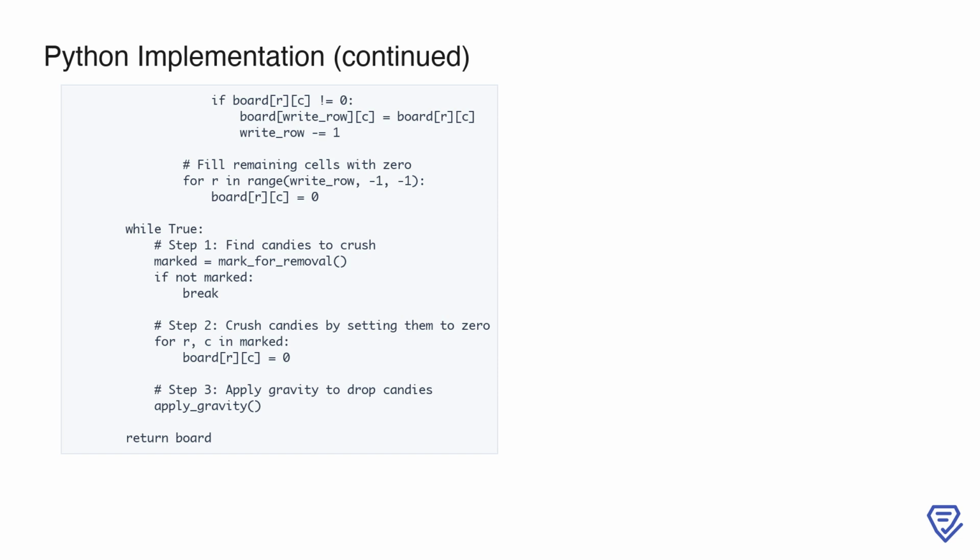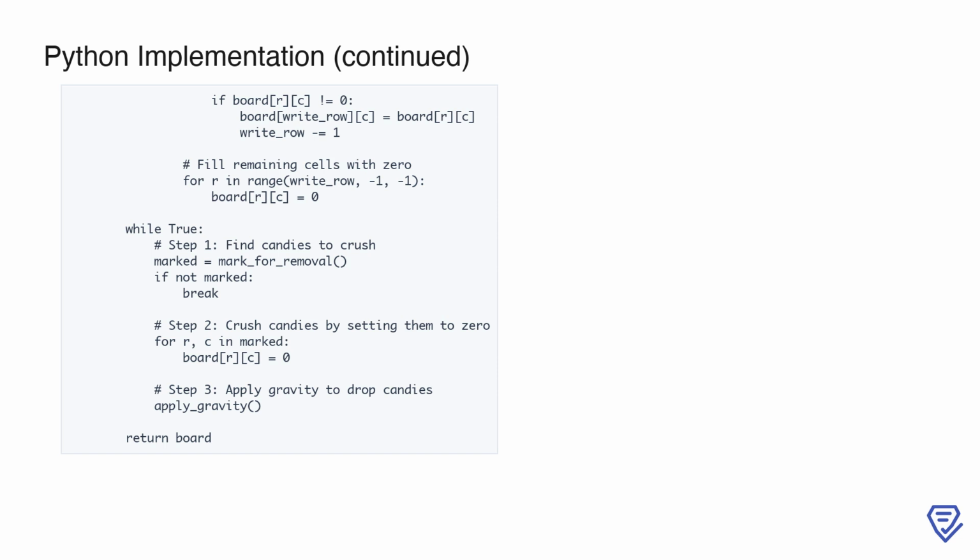If it does, we move this value to the right_row position and then decrement right_row to shift the pointer upwards. Once all non-zero values have been moved down, the remaining cells above right_row are filled with zeros to simulate the empty spaces.